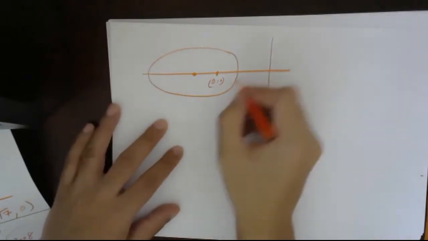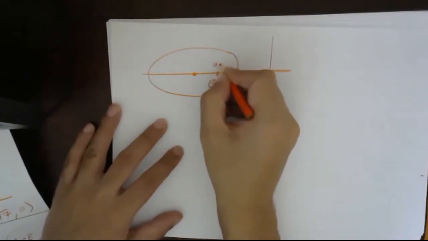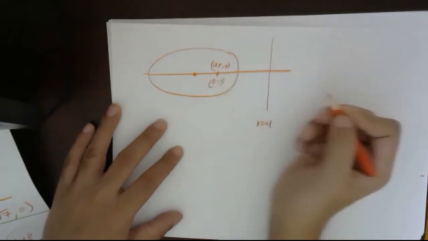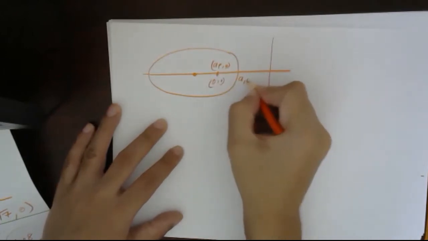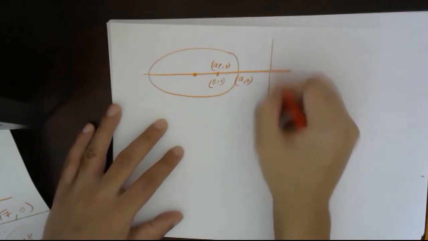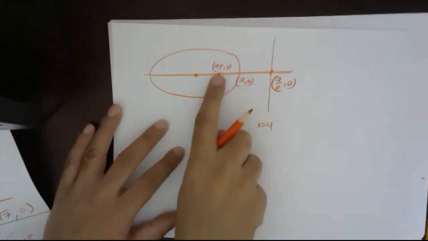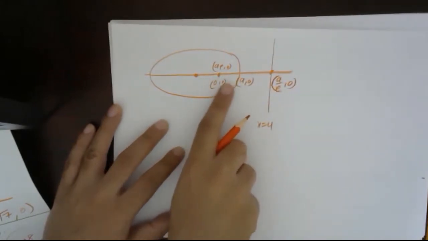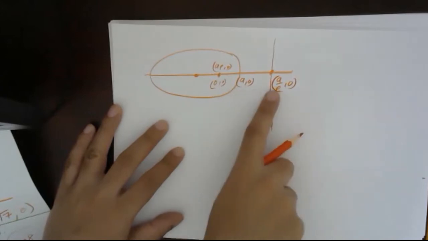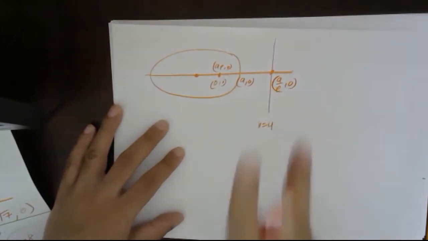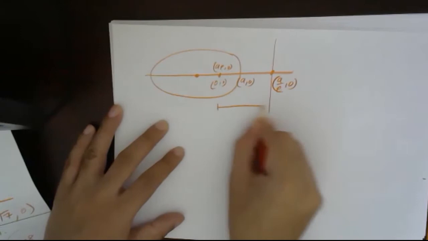Generally, this point is ae, 0, this point is a, 0, and the directrix point is a by e, 0. So what is the distance between these two?